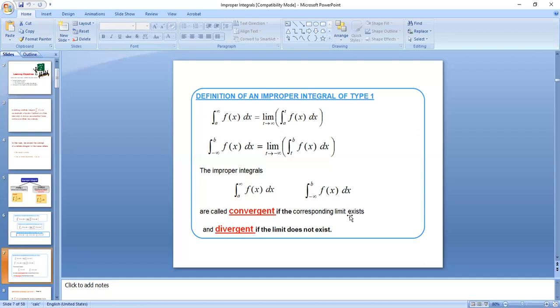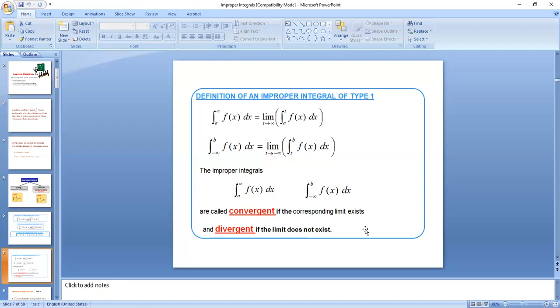If the answer of such a limit is a real number, then the improper integral is said to be convergent. Otherwise, if the limit does not exist, and when do we say that the limit does not exist? Of course, when the answer is infinity or negative infinity. So if the limit does not exist, we say that the improper integral is divergent.